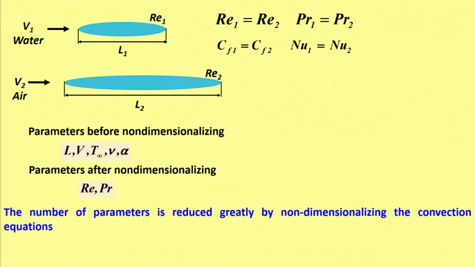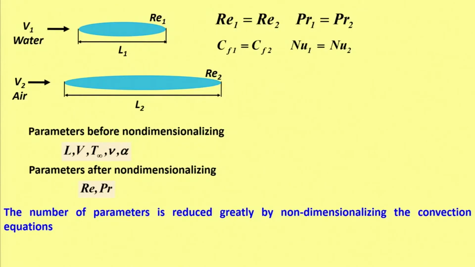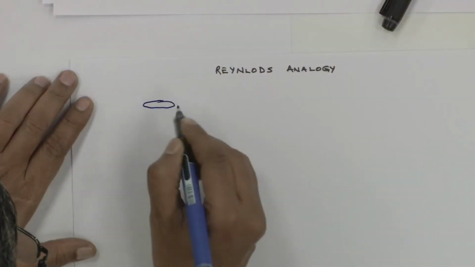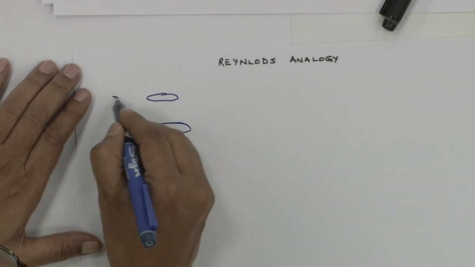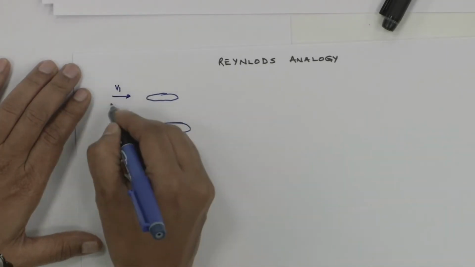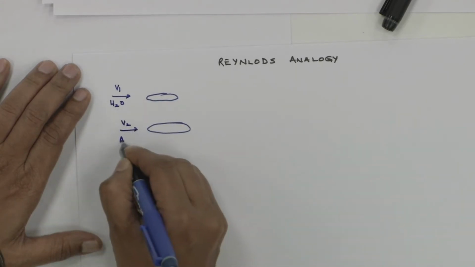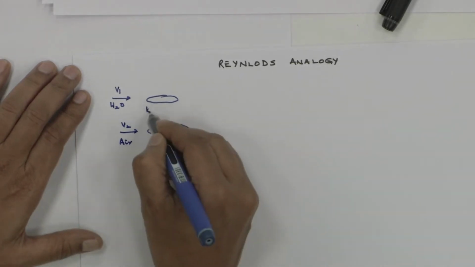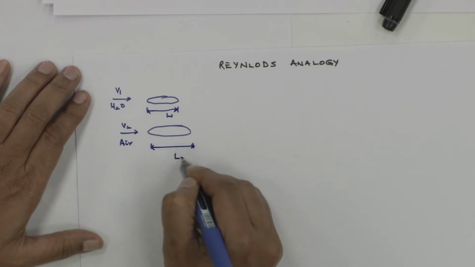Now, how do I understand this Reynolds number and Prandtl number? What is the meaning of keeping Reynolds number and Prandtl number the same? Let us say I take the same shaped body, a smaller one and a bigger one. Same shape, and I am taking velocity V1 with water and velocity V2 with air, and let us say its characteristic length here is L1 and this characteristic length is L2.